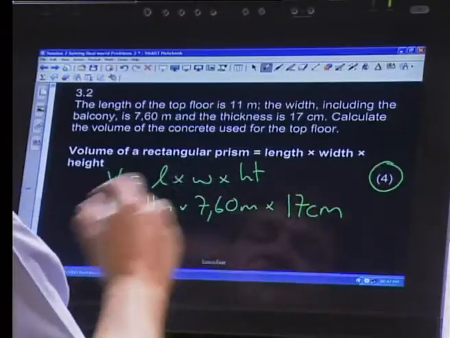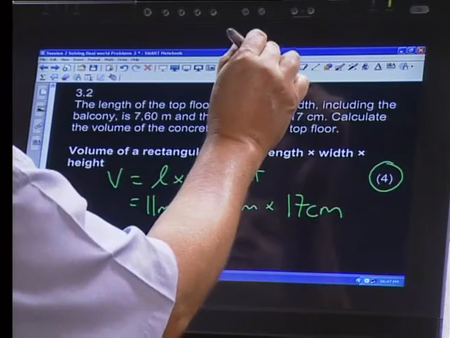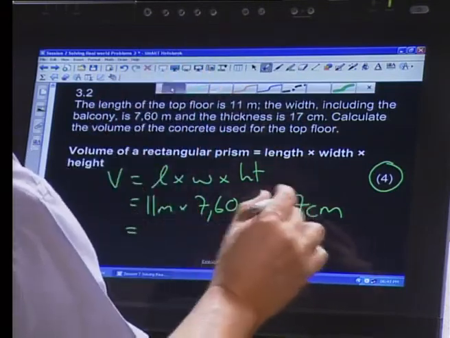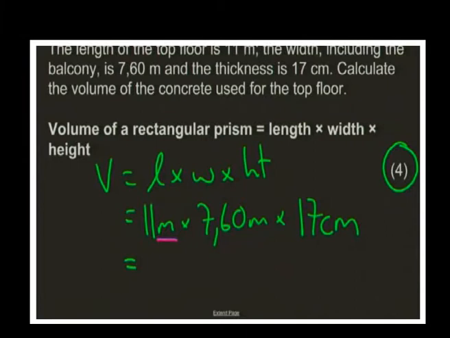If you look at our figures, you can actually see, and I'm going to do it in pink, that here I've got meters, here I've got meters, and here I've got centimeters. And that's a big no-no when we calculate volume or area or even perimeter. You cannot have different units. You've got to have the same unit. Okay? You just got to do it. It's one of the laws that you've got to apply.